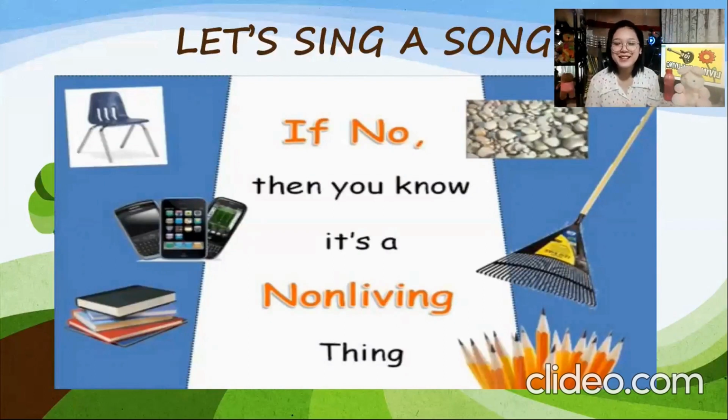Very good. So do you know what is a living thing and a non-living thing? When it breathes air, it moves and grows, needs food and water, it is a living thing. But if not, it's a non-living thing.